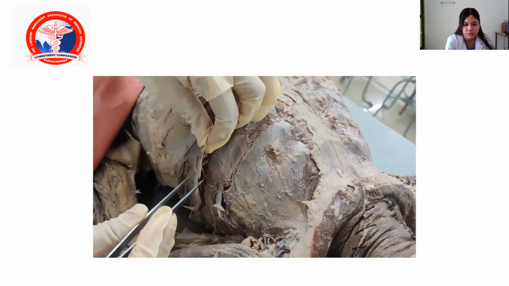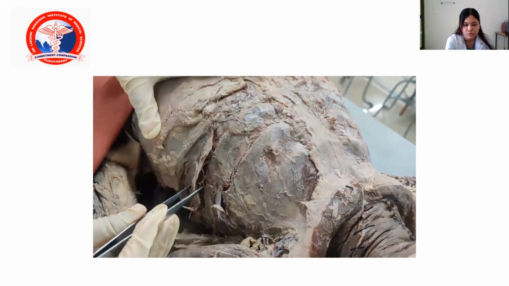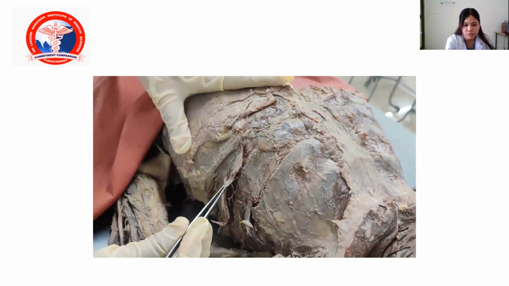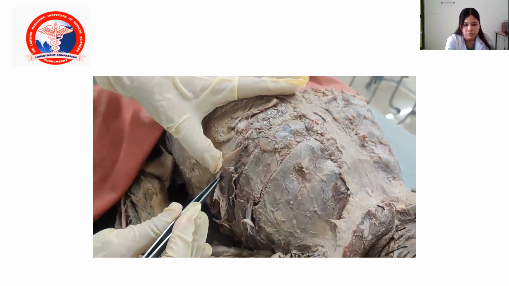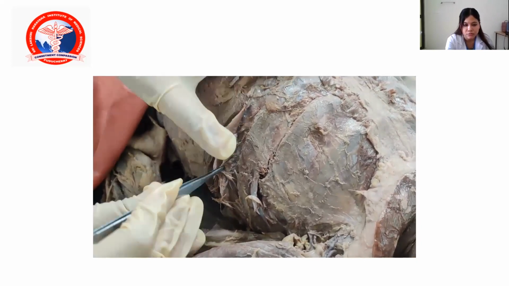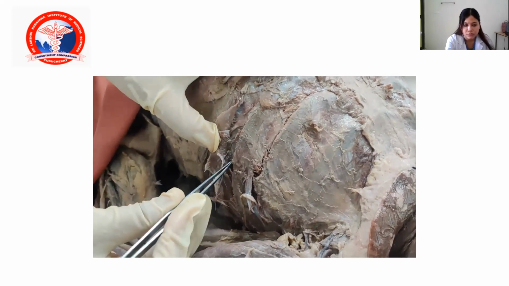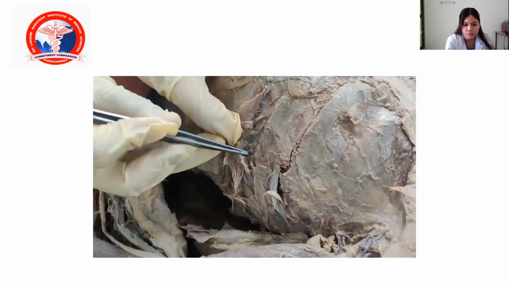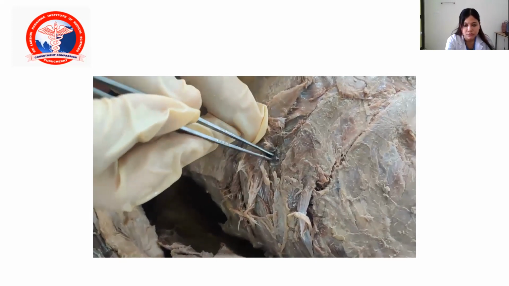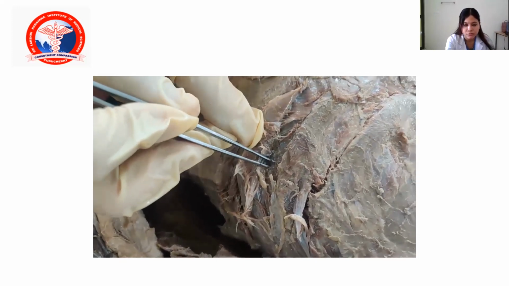In this one space, what we have done is we have reflected the externus muscle, then we have reflected the internus muscle, and after that this is the innermost muscle. Is it visible? This is the most innermost muscle. This is the intercostal intimus.